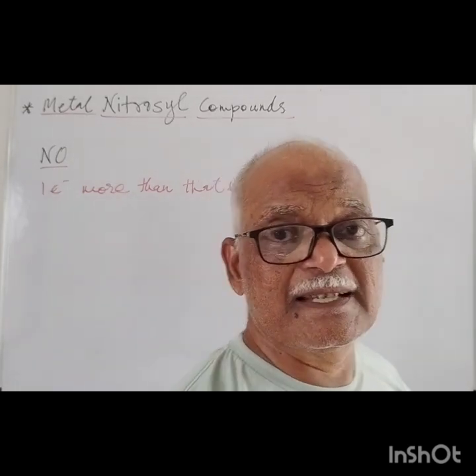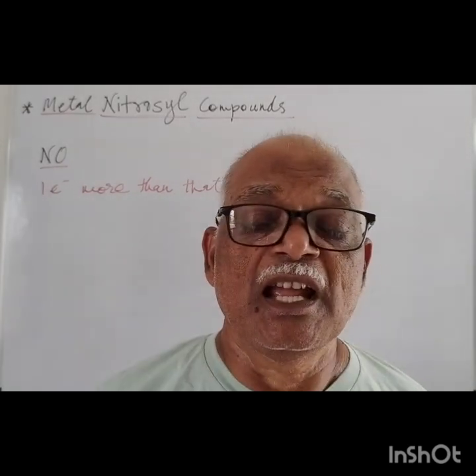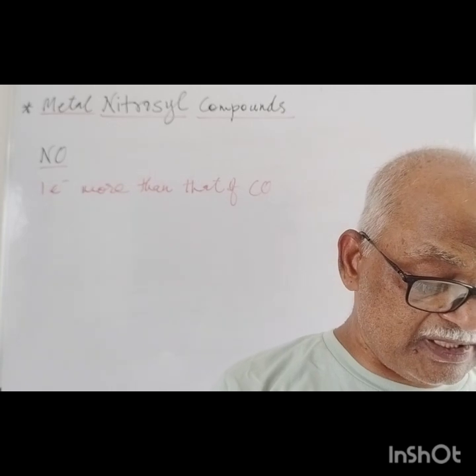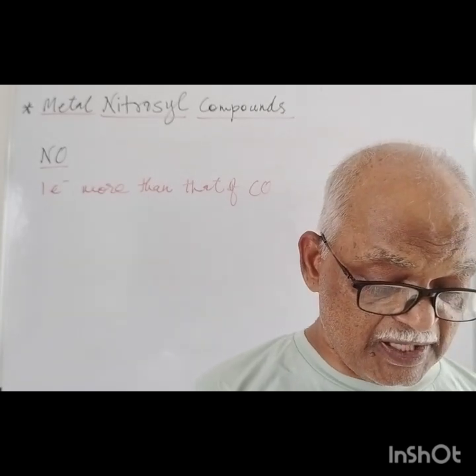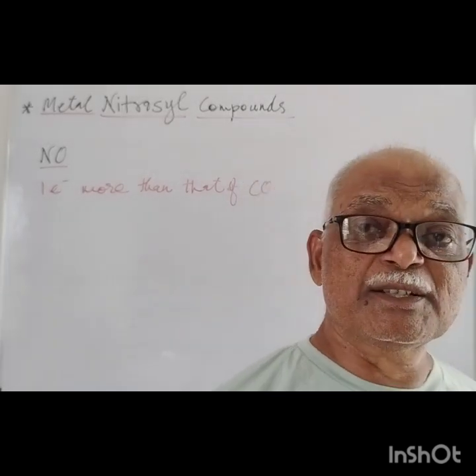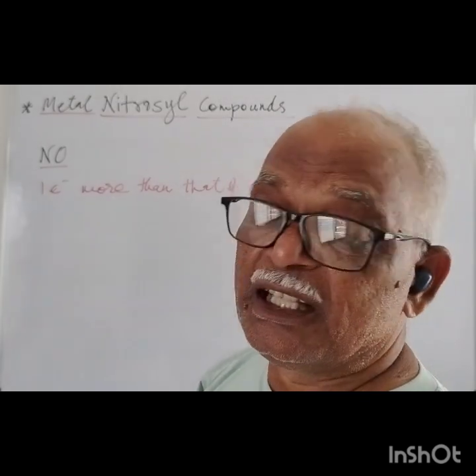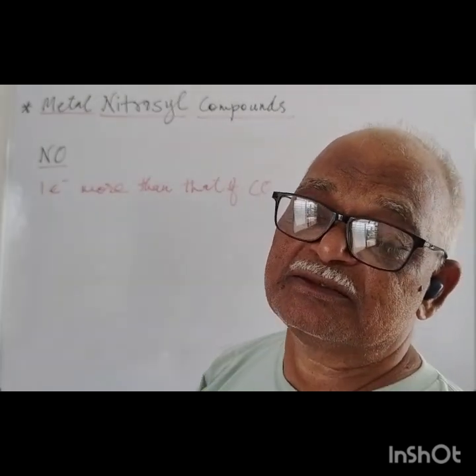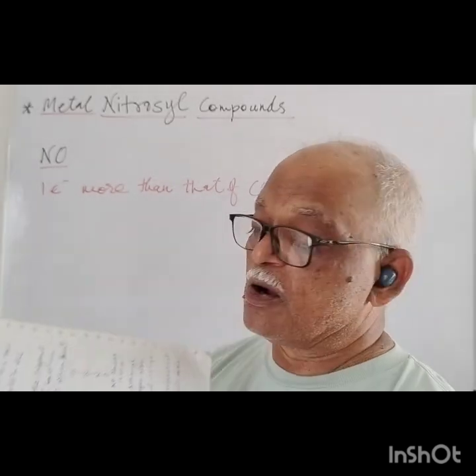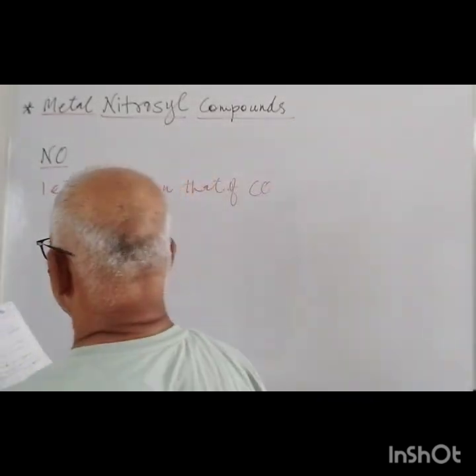Means here carbon has 6 electrons in the valence shell and nitrogen has 7 electrons, and that is why there is such difference. So that extra electron is present in the antibonding, that is pi star molecular orbital of this nitric oxide.